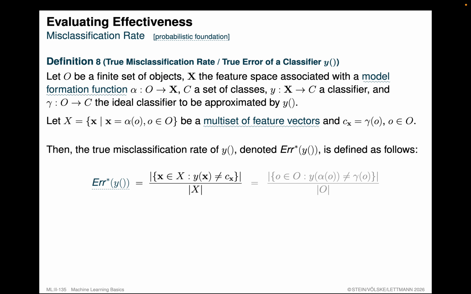So, in this situation, the true misclassification rate of y, which is denoted by error star of y, we define as follows. It is simply the number of feature vectors which are misclassified divided by the total number of feature vectors.